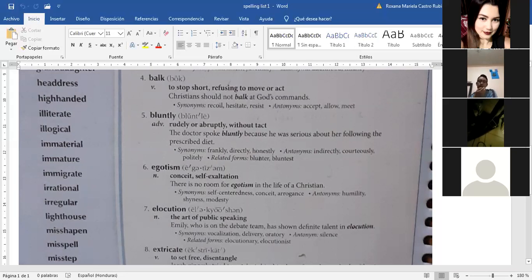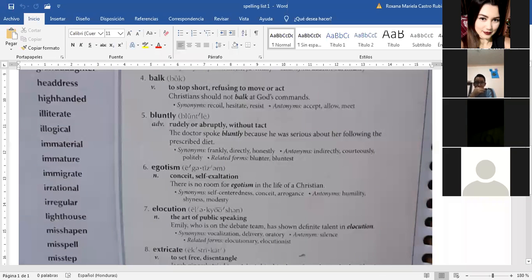Moody's underlay his public action. My sister or my friend. What did you say, my sister? My friend. Okay, my friend. My friend. Egotism, no. Mi amiga, egoísmo, no.